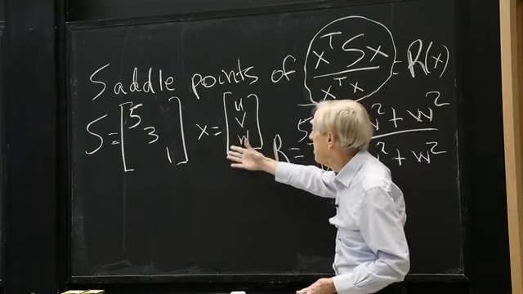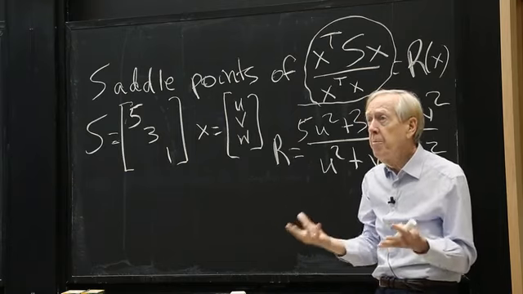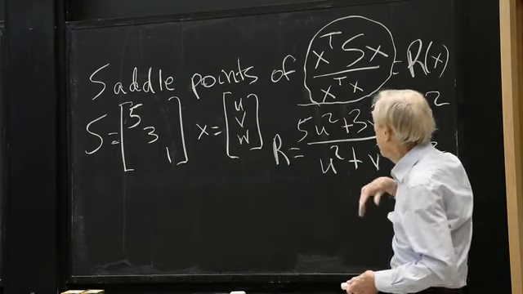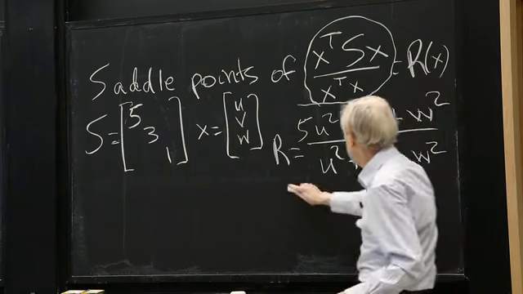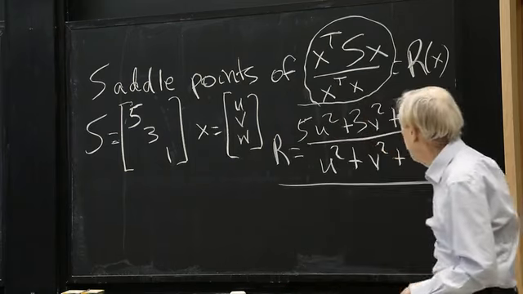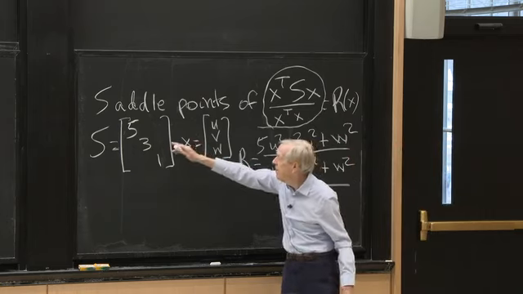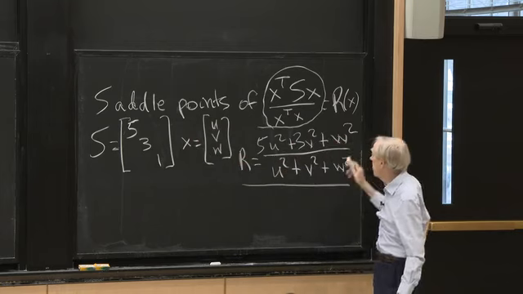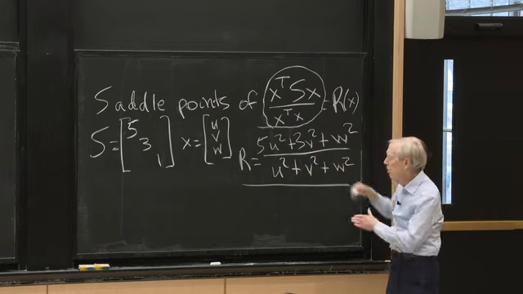And then the X, we're in 3D, so we've got a manageable size here. And the X vector is u, v, w. So this is the quotient. X transpose S X is exactly 5u squared, 3v squared, and 1w squared. And I divide by the length to normalize things.